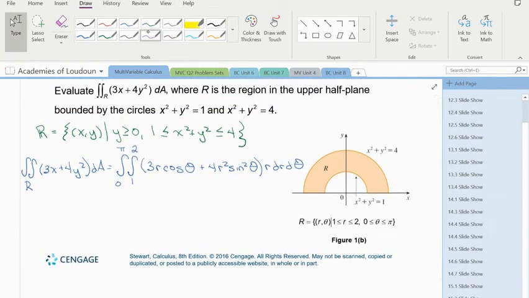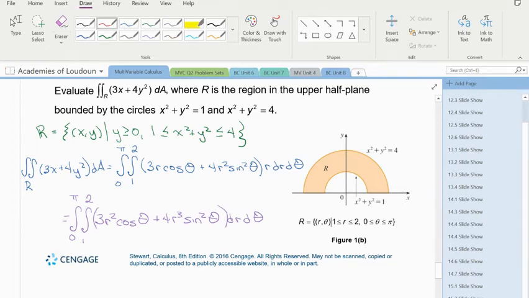Let's simplify that a little bit. We have the integral from 0 to pi and then 1 to 2 of 3r squared cosine theta plus 4r cubed sine squared theta dr d theta.